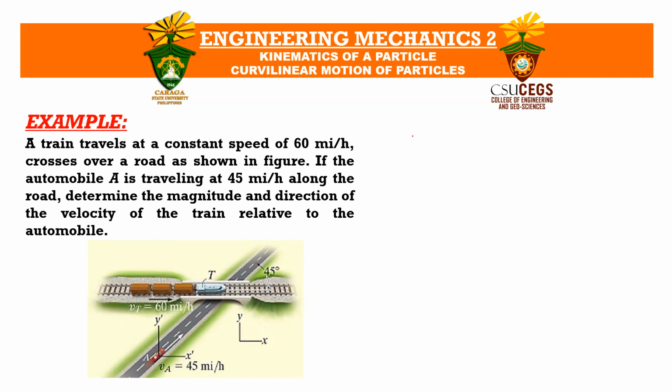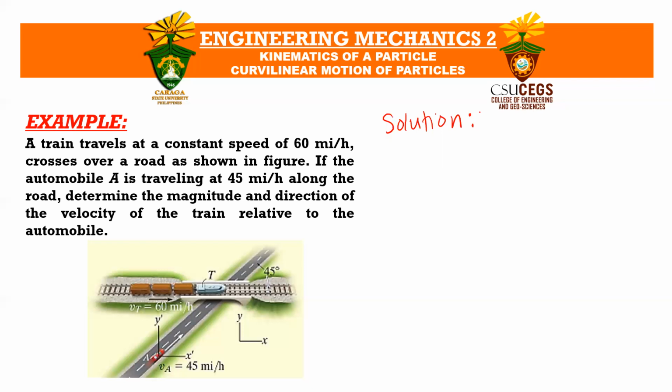So, the solution for this problem. Before we determine the magnitude and direction of the velocity of the train relative to the automobile, we need to establish or identify the reference frames. We need two reference frames for this problem.